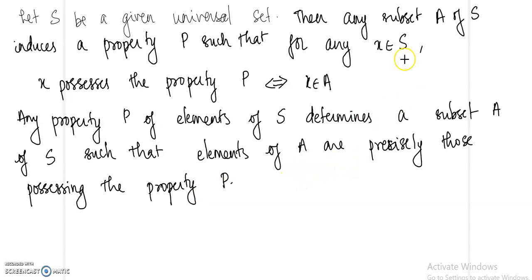And now let me define different properties on the set S. Let me take the universal set to contain n elements.